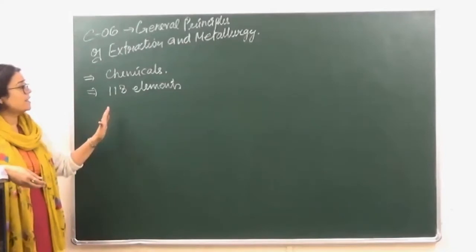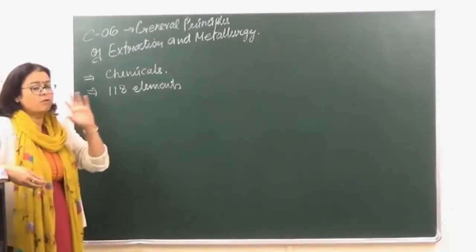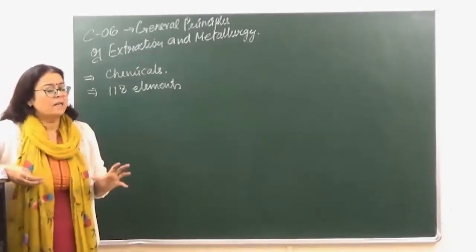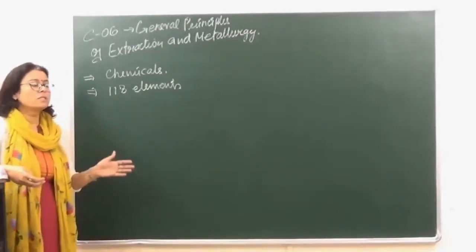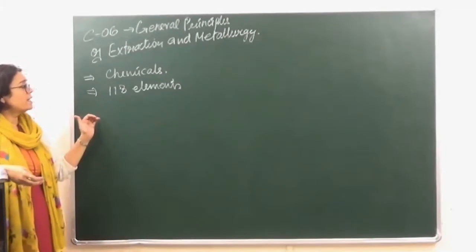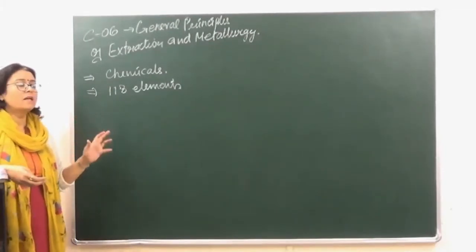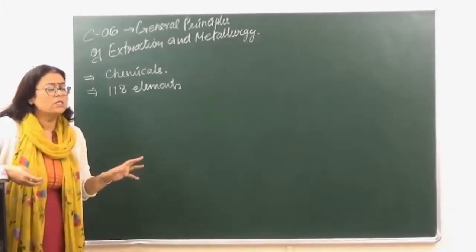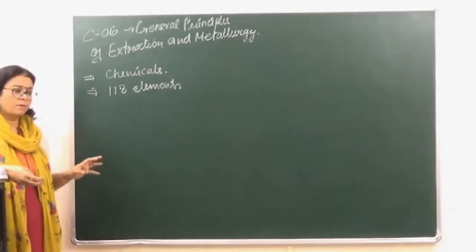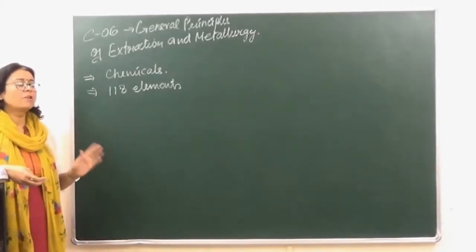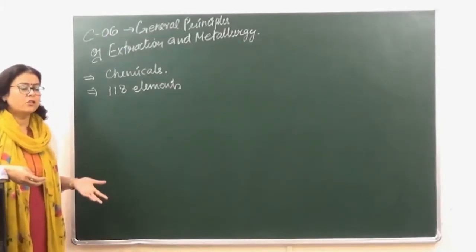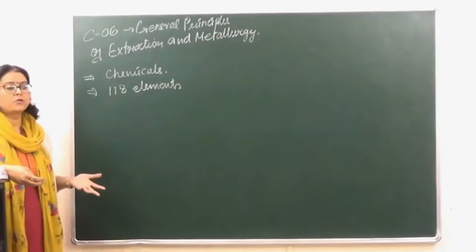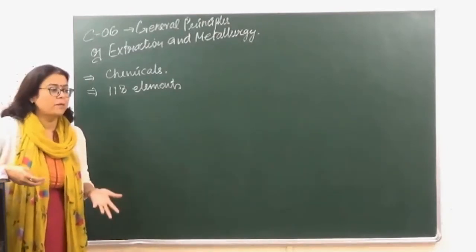So 118 elements में you know that we have already classified the elements into S, P, D and F block, right? So इसपे जो 118 elements में we have one element which is present in the actinoid series which is known as uranium, right? All the elements after uranium they are said to be radioactive in nature and those elements they are said to be transuranic elements, right?